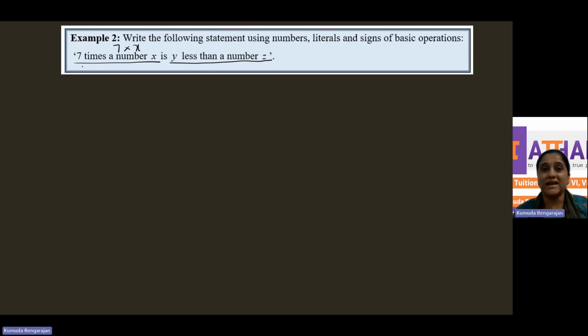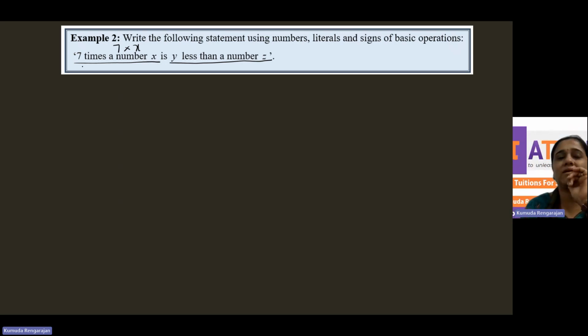How do you write y less than z? Y less than z is y minus z or z minus y? No, I'll tell you one thing.